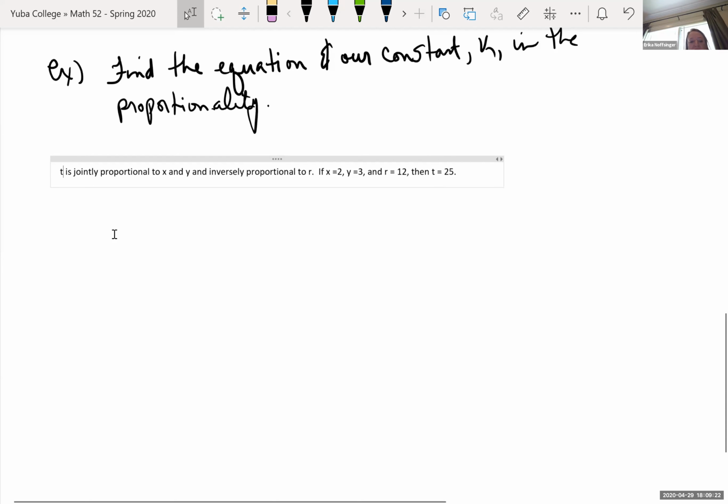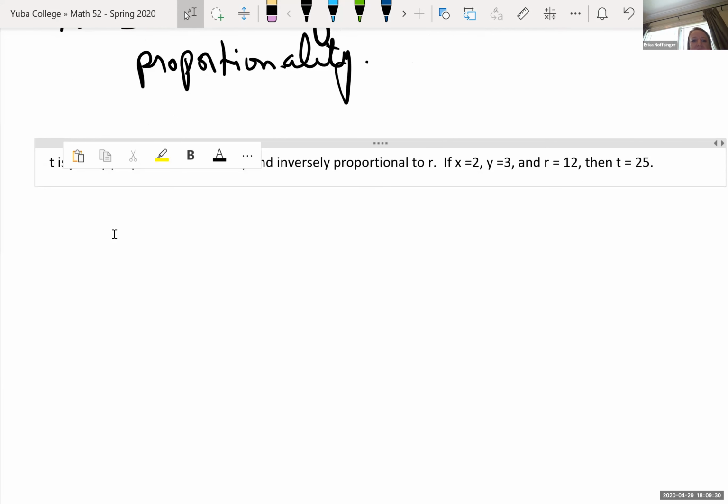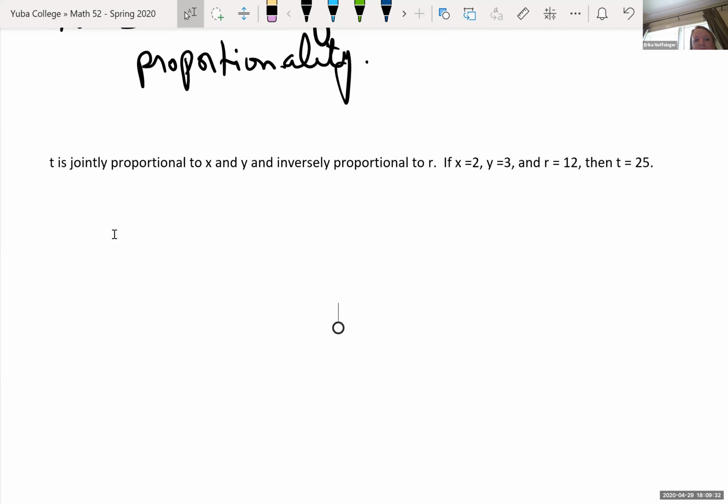Okay, so the first thing you want to do is set up that generic equation just with the variables. Reading through this, it says that t is jointly proportional, so that's telling me I'm having t equals. Again, I'm always having that constant k in here, so I always just put that k in there. Now I'm going to read through to figure out what it is proportional to.